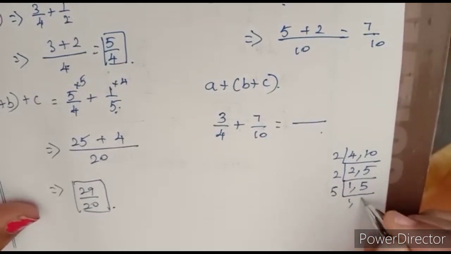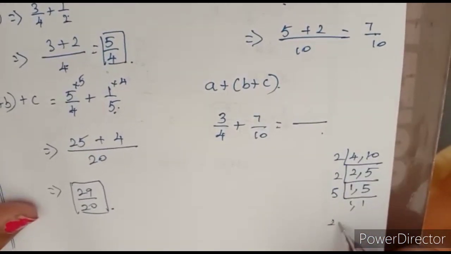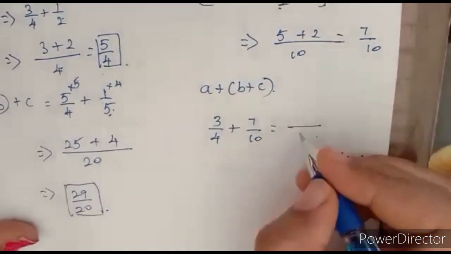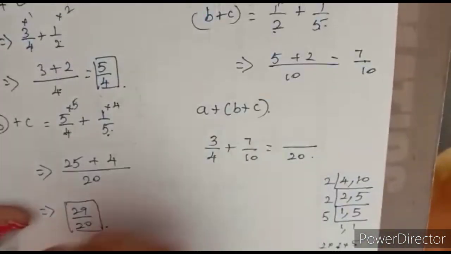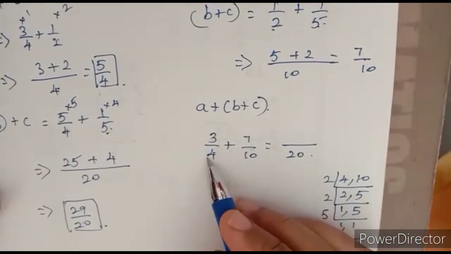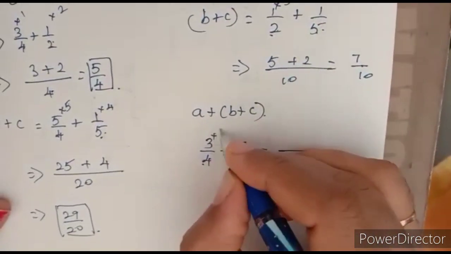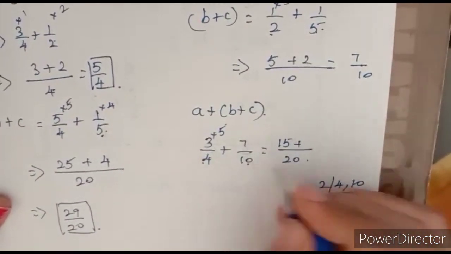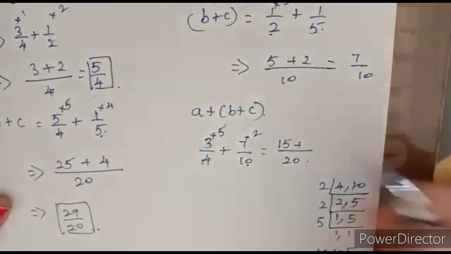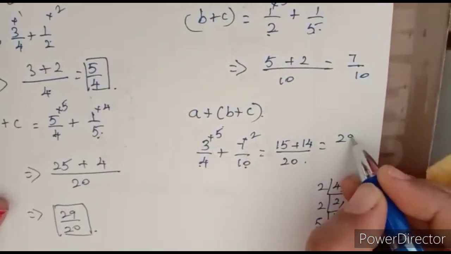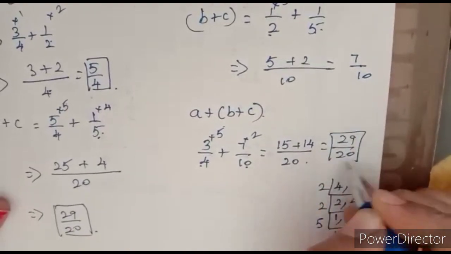Then 2 into 2 into 5, 2 2s are 4, 4 5s are 20. Now you have to see how many times 20 is divisible by 4, that is 5 times. Therefore 3 5s are 15 plus here 2 times, so multiply with 2, which is equal to 14. 15 plus 14 is equal to 29 by 20.